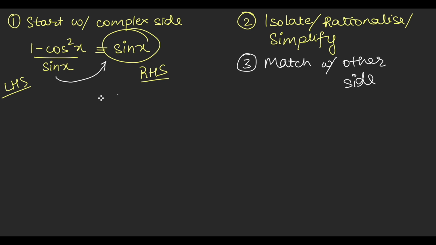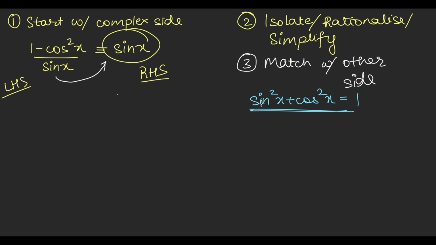Now let's start. If this was my equation, (1 minus cos² x) by sin x, I have to prove that it's equal to sin x. We are using a trigonometric identity here. In the beginning of the video, we saw that sin² x plus cos² x is equal to 1.